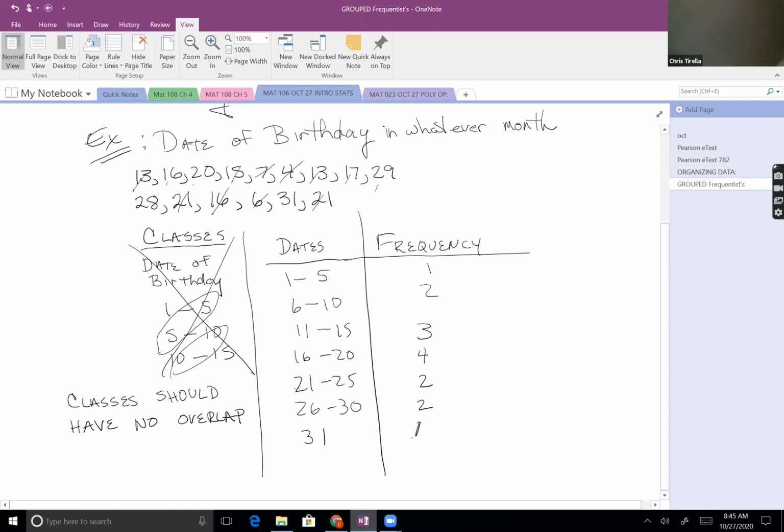Does this make sense, that when your data is more spread out, you might want to put it together in groups?